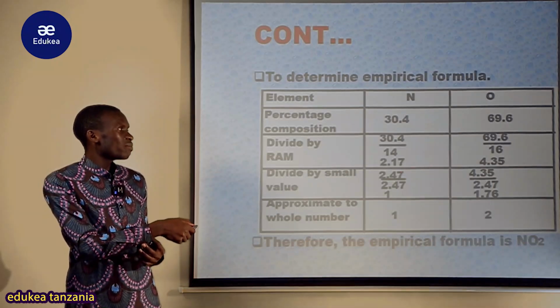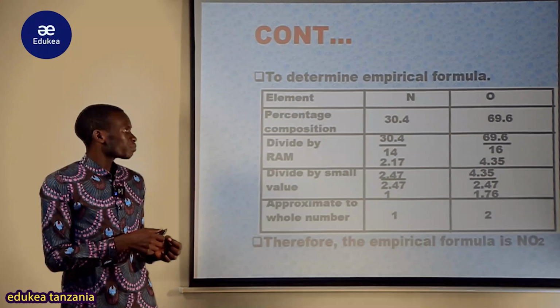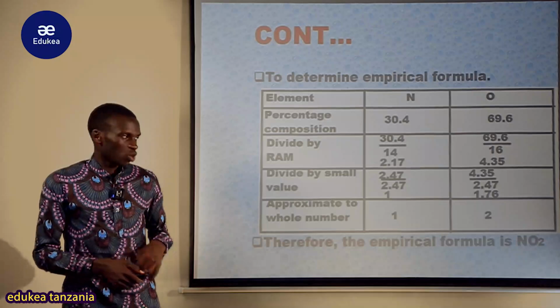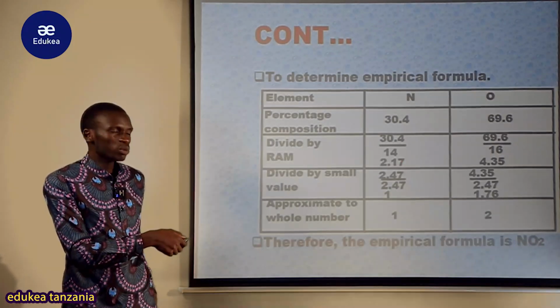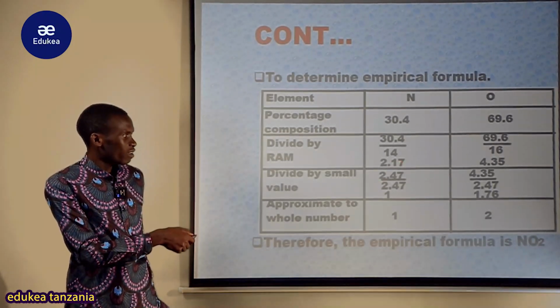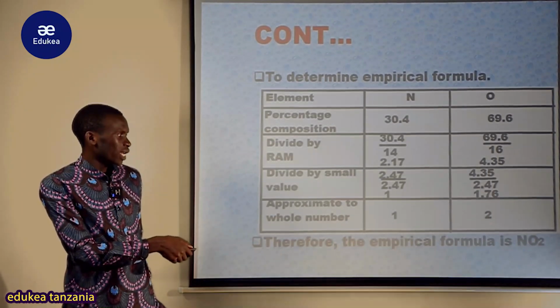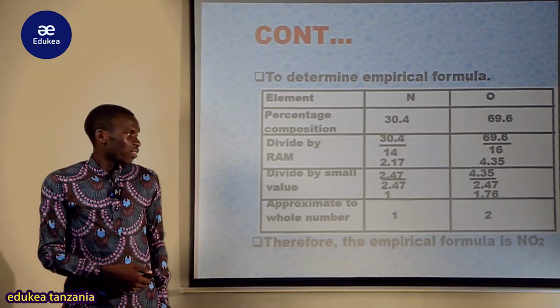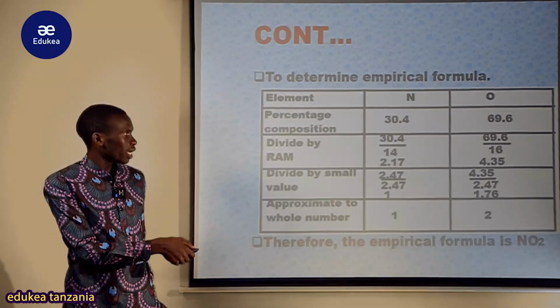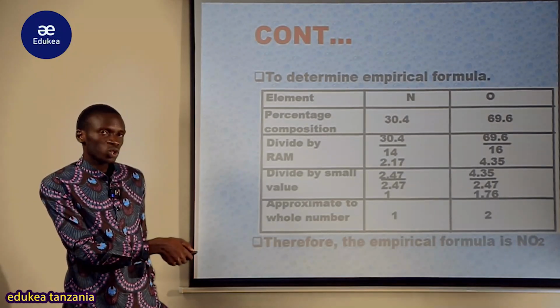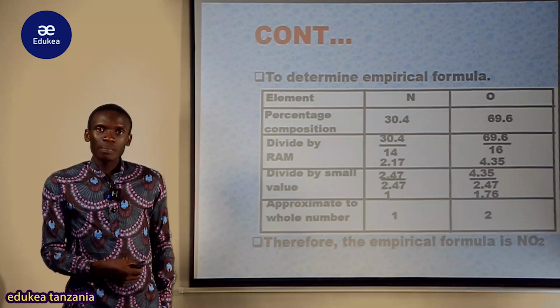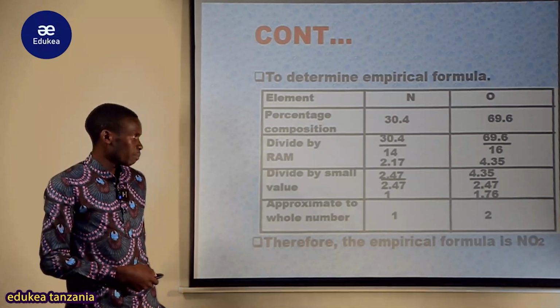Then divide by the smallest value, which is 2.17: 2.17 divided by 2.17, and 4.35 divided by 2.17. Here you get 1 and here you get 2. Therefore, N is equal to 1 and O is equal to 2. So it will be NO2. This will be the empirical formula of the compound.